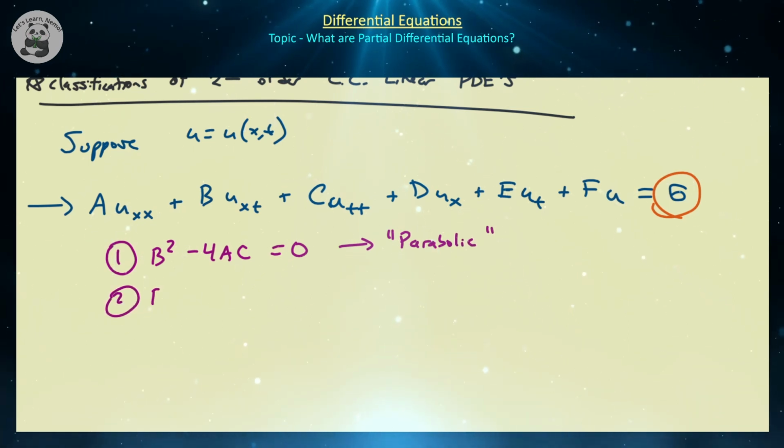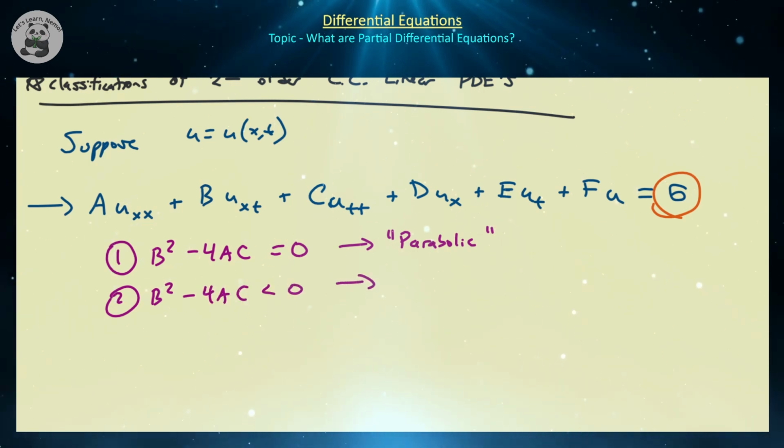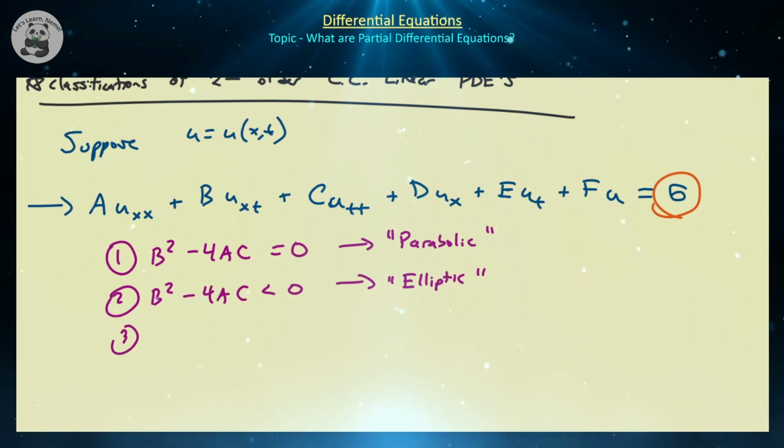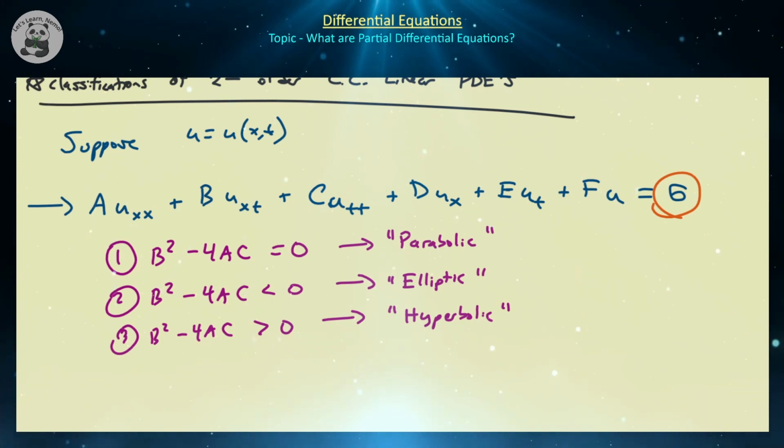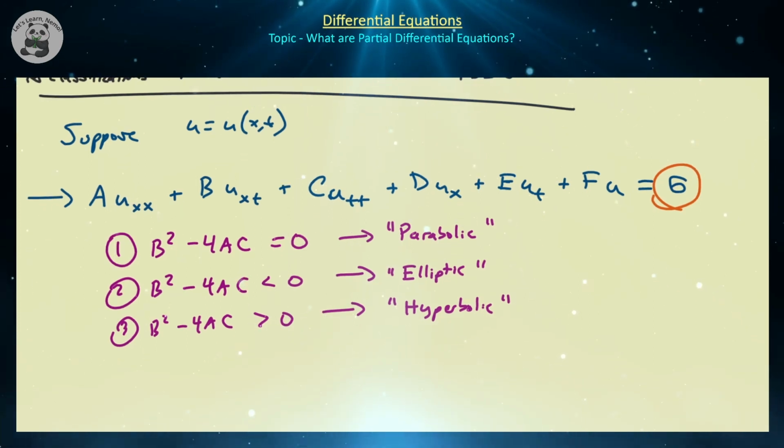In another case, if b squared minus 4ac is less than 0, we call this PDE an elliptic PDE. And third, if b squared minus 4ac is positive, then if you remember anything about your conic sections, we will call this a, take a guess, a hyperbolic PDE. So parabolic, elliptic, and hyperbolic partial differential equations.